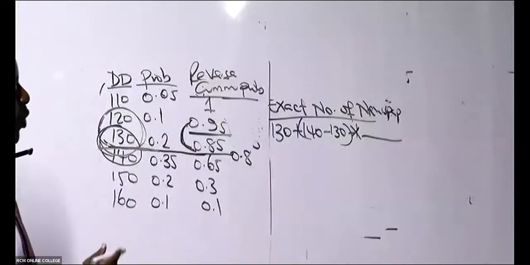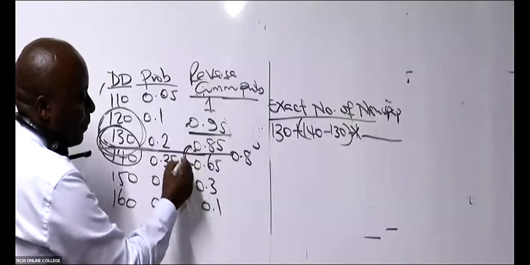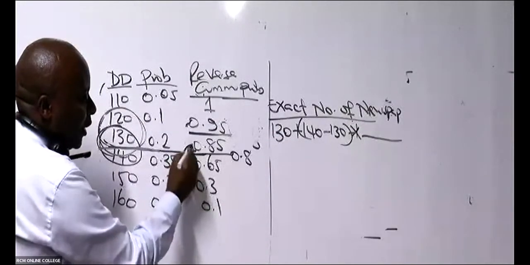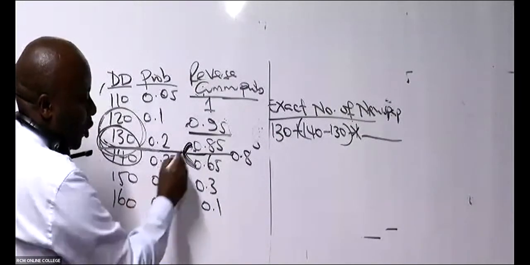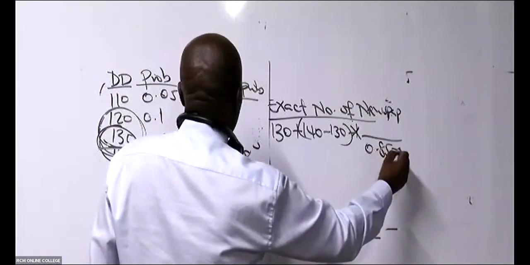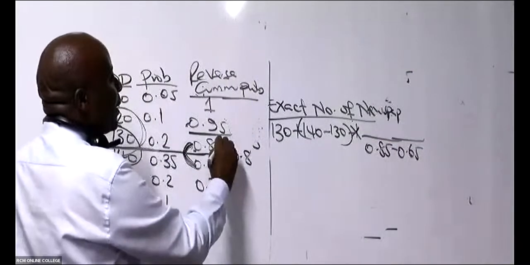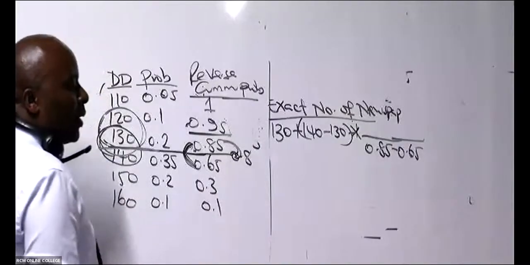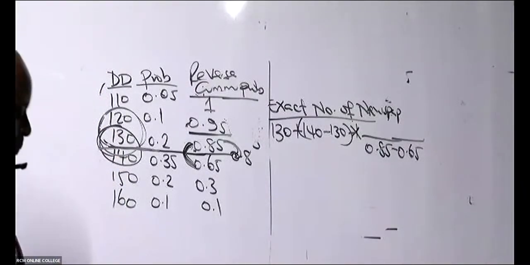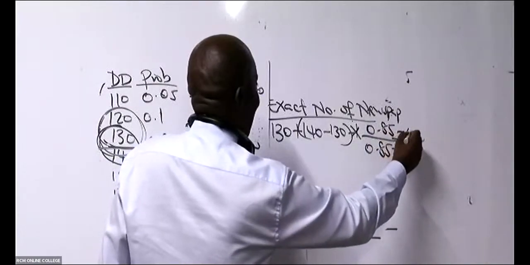We are looking at the difference between these two numbers, the bigger one. I have to cross the bridge, so it will be 0.85 minus 0.65. How about the numerator? It is the upper arc. We don't cross the river. So the upper arc, what do I have here? I have 0.85 minus 0.8.